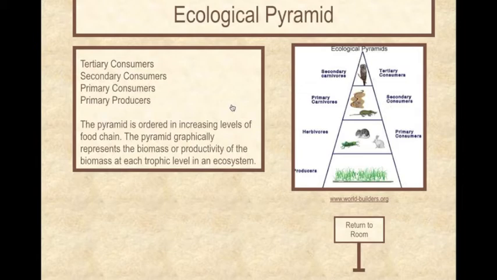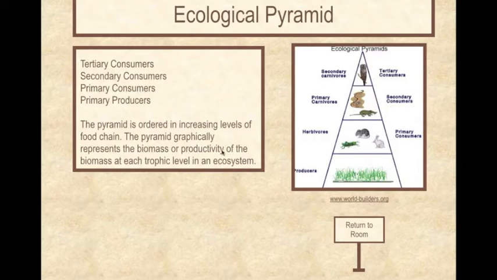This is the ecological pyramid, and they are ordered in increasing levels of the food chain, starting from bottom to up: primary producers, primary consumers, secondary consumers, and then finally tertiary consumers.